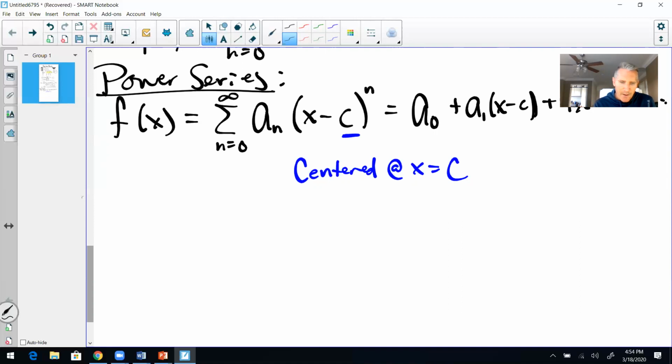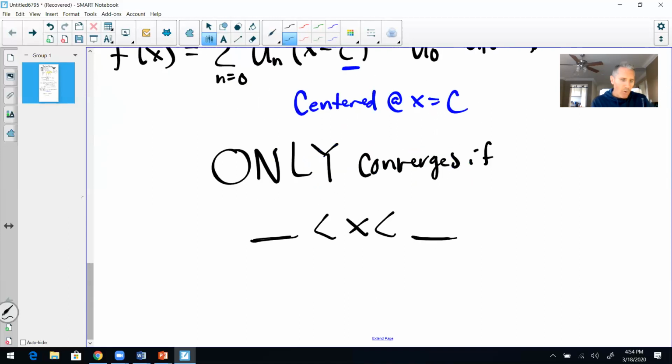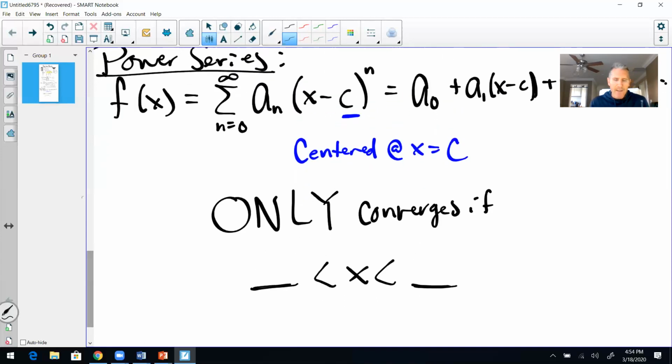So I want to say, okay, it only converges if, and now I'm going to have some number here less than x less than some other number here, right? So it's only going to converge if x is in between some value and another value.